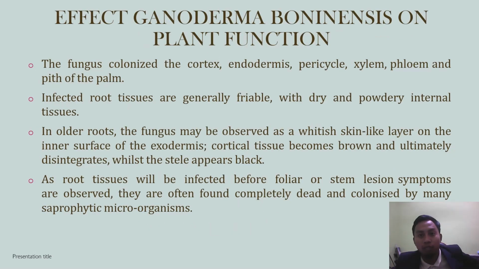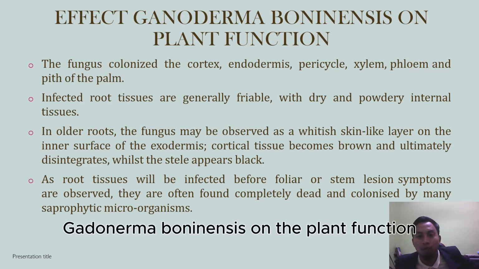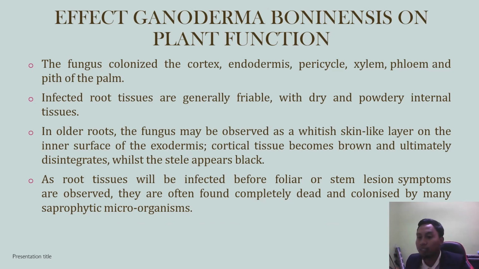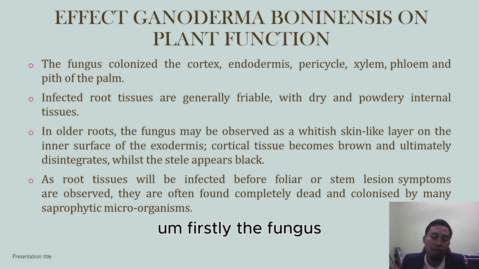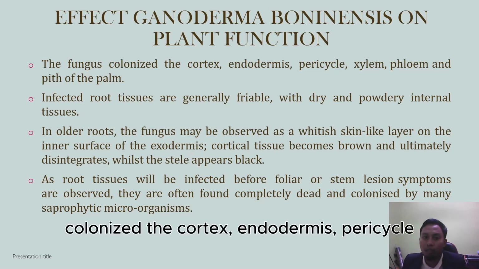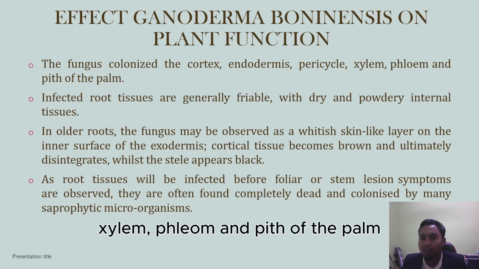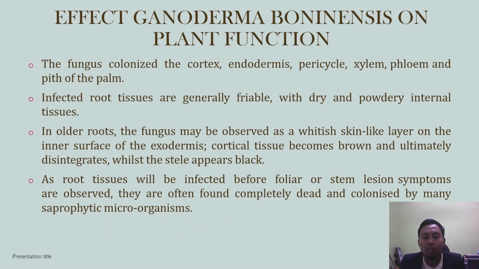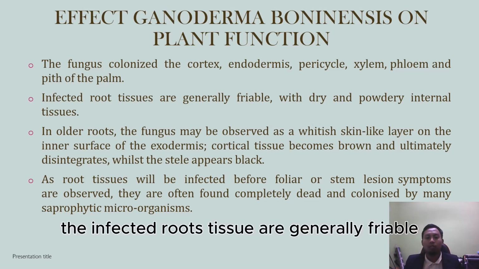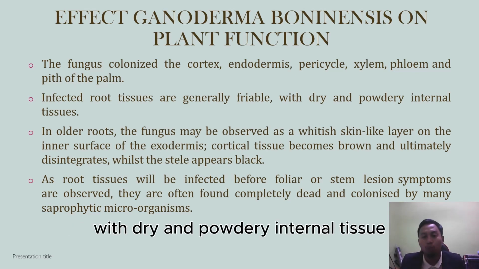Now I will talk about the effect of Ganoderma boninensis on the plant function. Firstly, the fungus colonizes the cortex, endodermis, pericycle, xylem, phloem, and pith of the palm. The infected root tissues are generally friable with dry and powdery internal tissue.